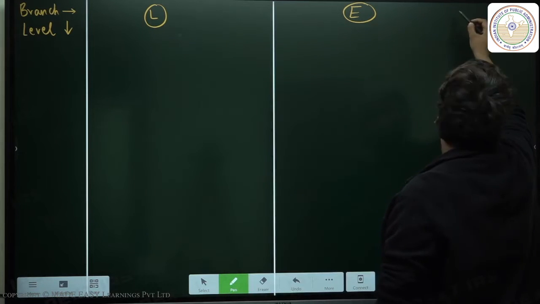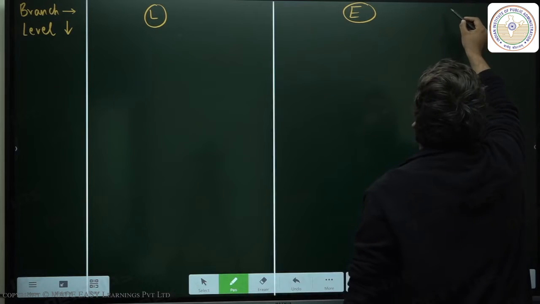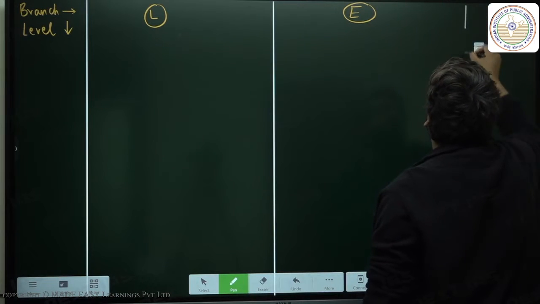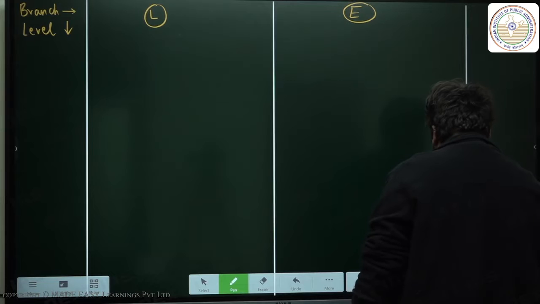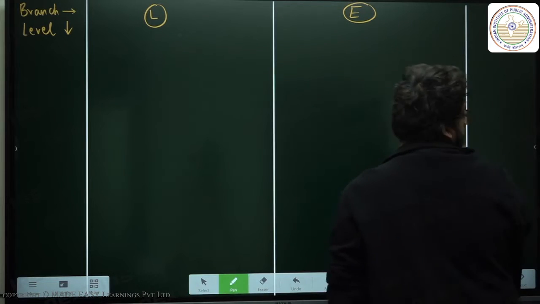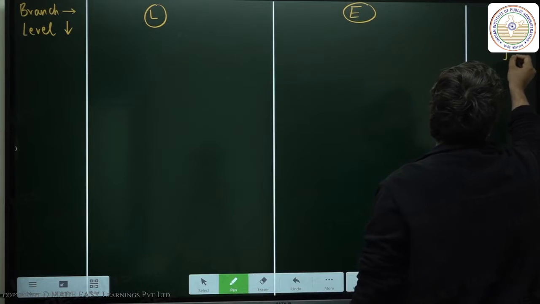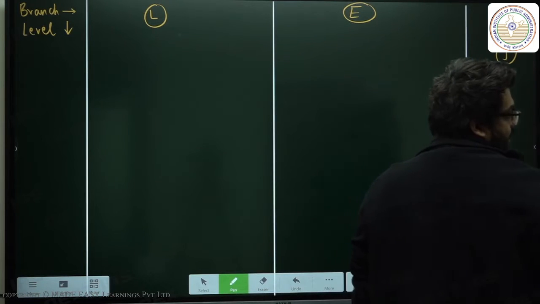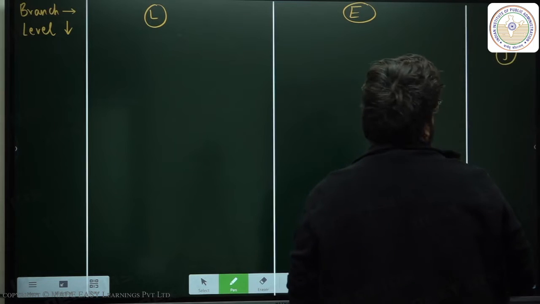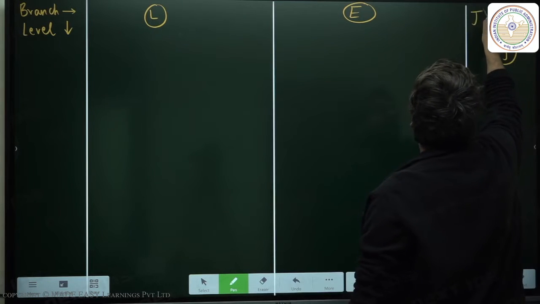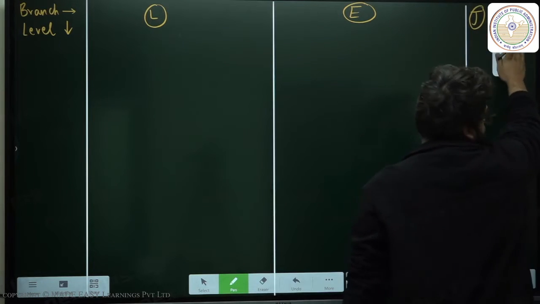So we have to just be very careful about it. So here we put the third column. And the third column broadly refers to judiciary. Okay. The third column broadly refers to judiciary. So just remember that. Okay.